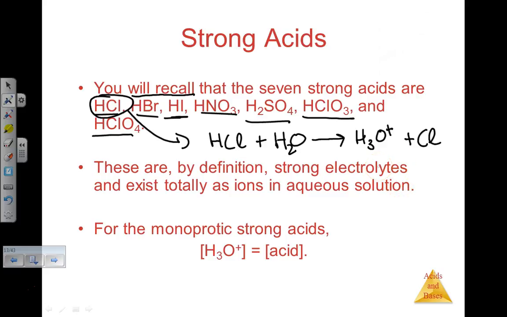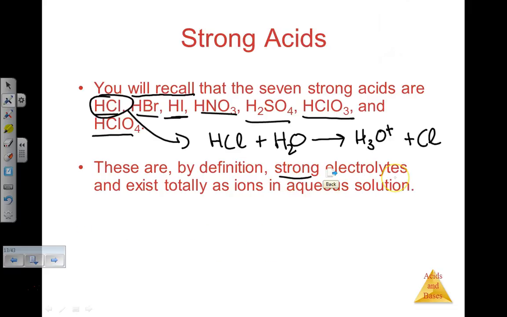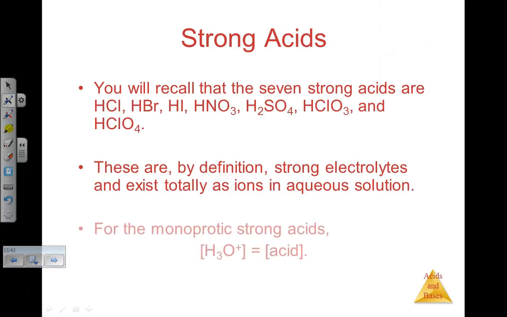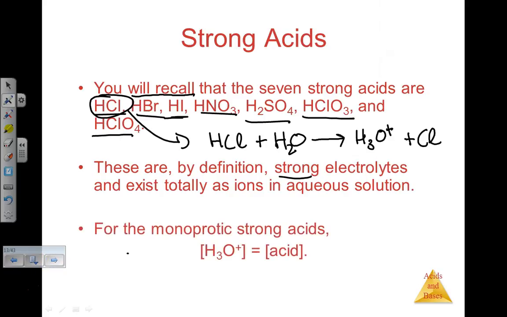And so that makes this a strong electrolyte, something that is completely soluble. And so with these strong acids, if we know the concentration of the acid, we know what the concentration of the hydronium ion is. And remember, the hydronium ion concentration is related to the pH.